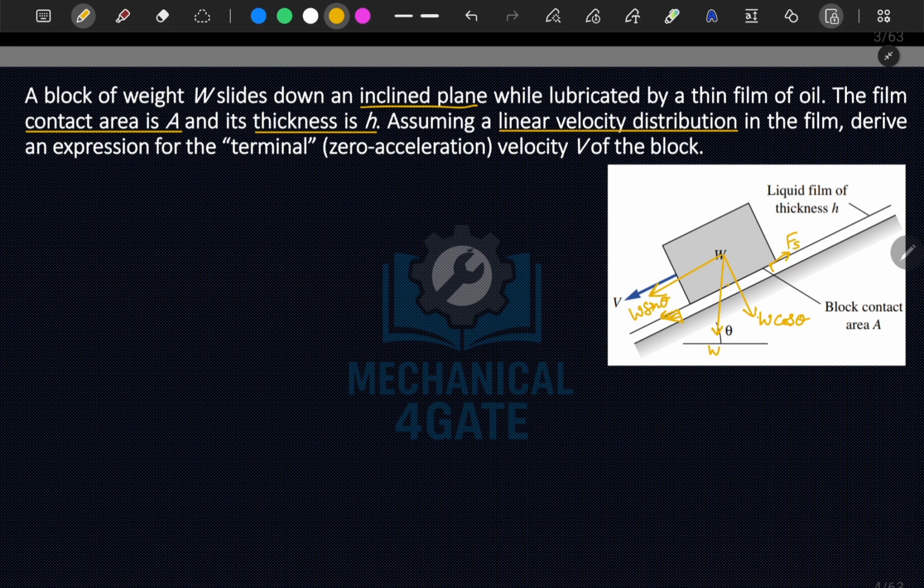We know that shear stress due to your linear velocity profile is given by mu times V by H. So we can write your shear force Fs is equal to tau into area, and area of contact is given as A. So this is mu V A by H, your shear force.